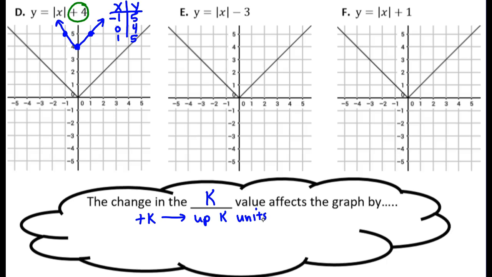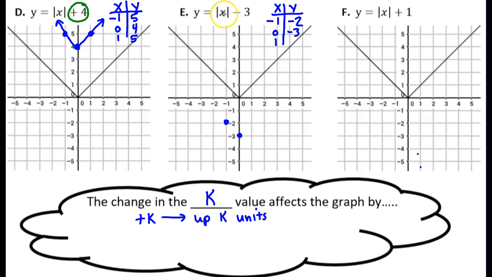When I take a look at E, here I have absolute value of x -3. So again, choose some numbers. -1, 0, and 1. So when I put in -1, absolute value of -1 is 1. 1 minus 3 is -2, so -1, -2. When I put in 0, absolute value of 0 is 0. 0 minus 3 is -3.